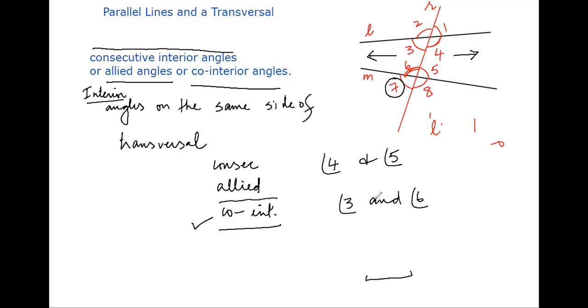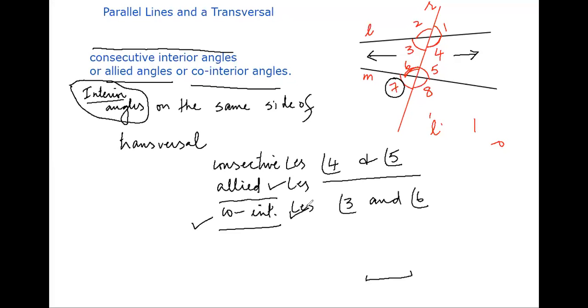So angle 4 and 5, which are on the same side of the transversal and are interior angles, are known as co-interior angles, allied angles, or consecutive angles. Very right.